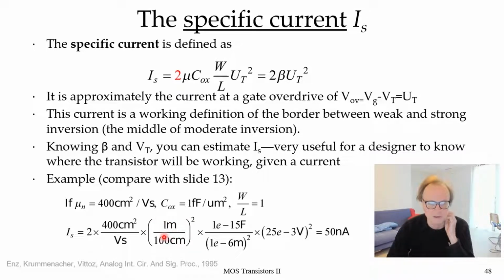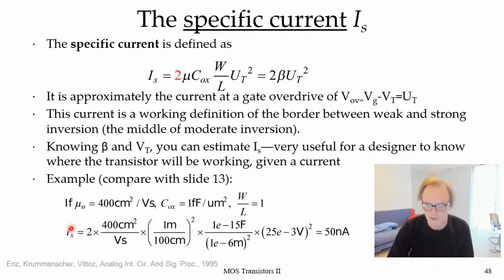We do that with this conversion factor. And then we have to calculate the oxide capacitance. It's a femtofarad per square micron, which is 1e-6 meters, times the square of the thermal voltage, 25e-3 volts squared. And we find out that's 50 nanoamps if we calculate this all out.